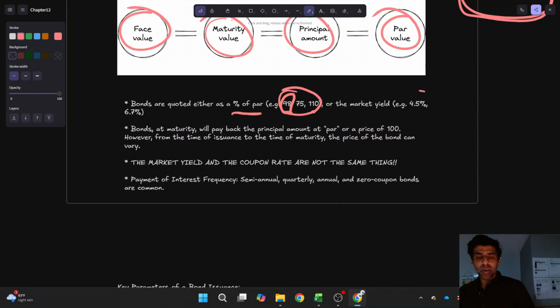These prices correspond to a yield, and I'll show you how that relates in a second. It's based on the time value of money formula that I mentioned. But I think the key thing to remember is that the values fluctuate.